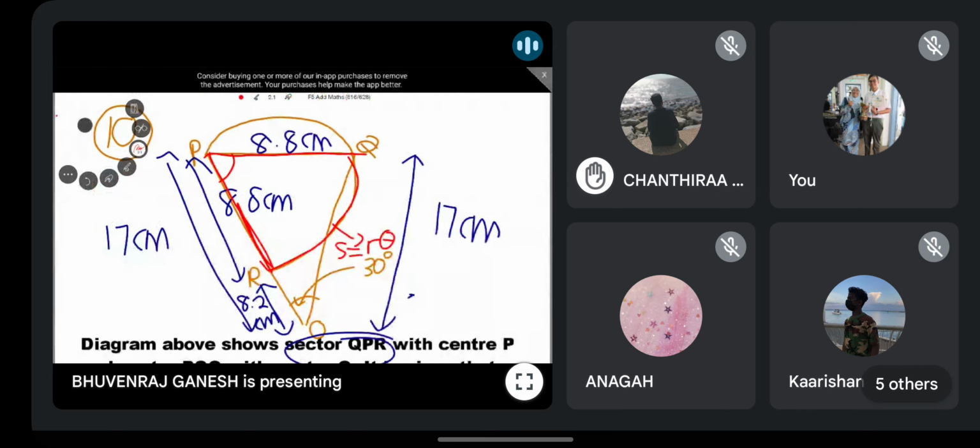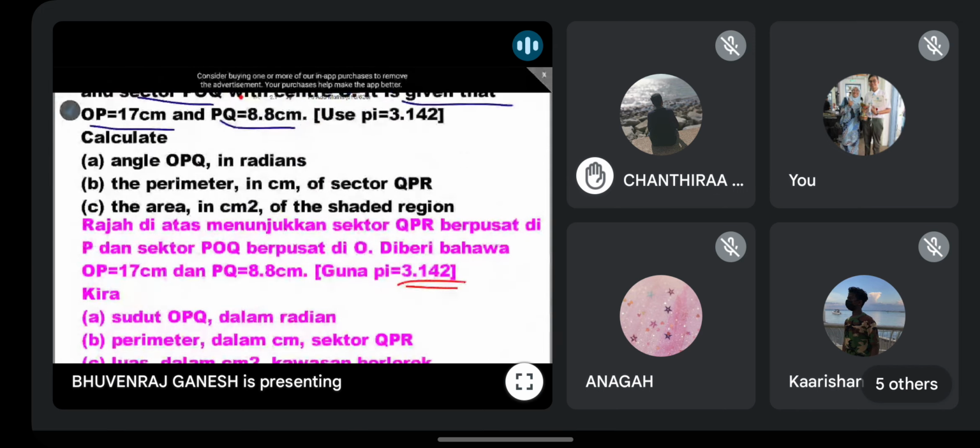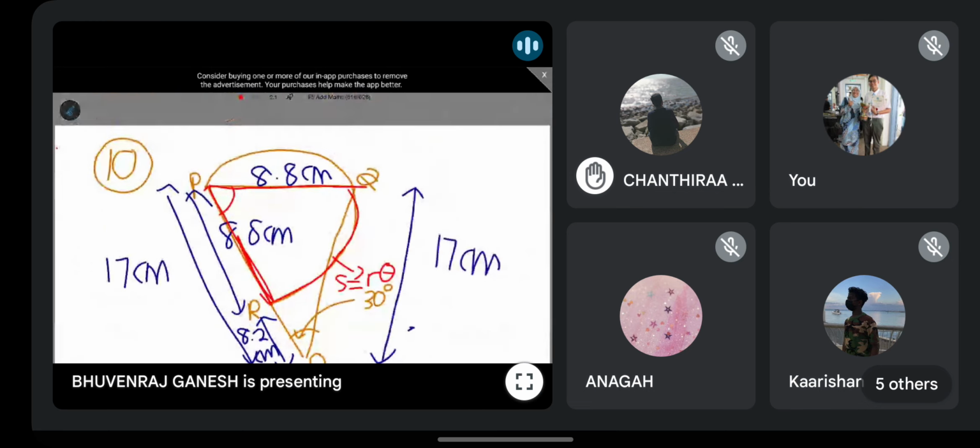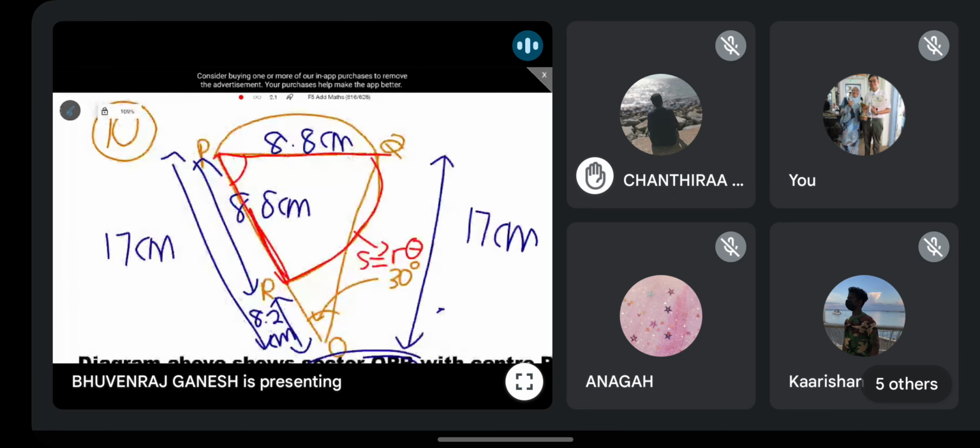Next, they ask you to find the area of the shaded region. I have not told you which region is shaded. I want the shaded region to be this one. I want you to find this shaded region. Can you all tell me how to do this? How do we get the shaded region?